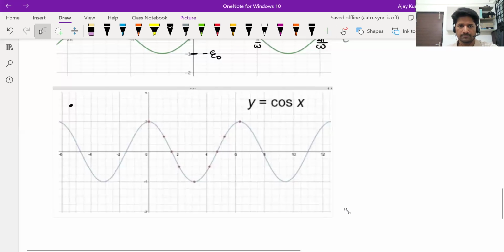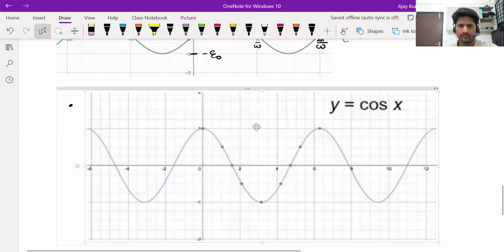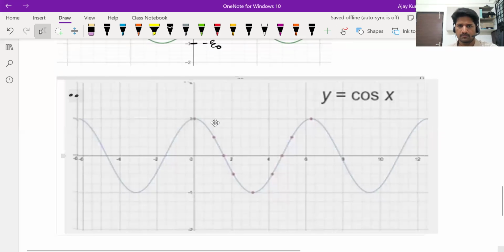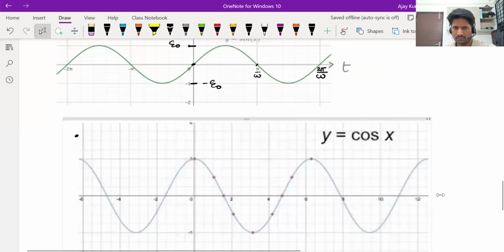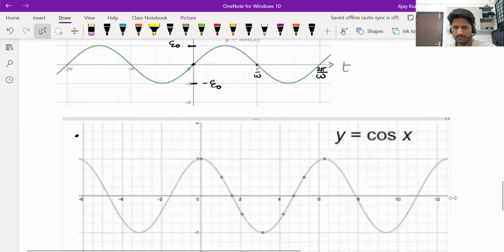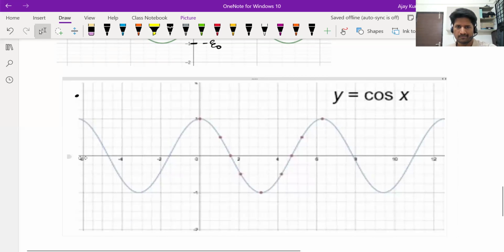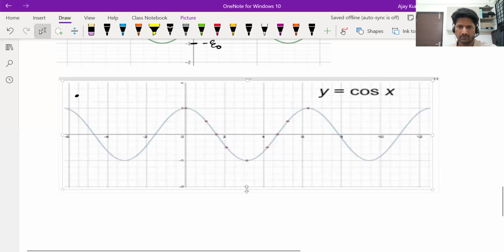It's not working. I'm trying to get the y-axis lined up. Anyway, you can understand, I hope.